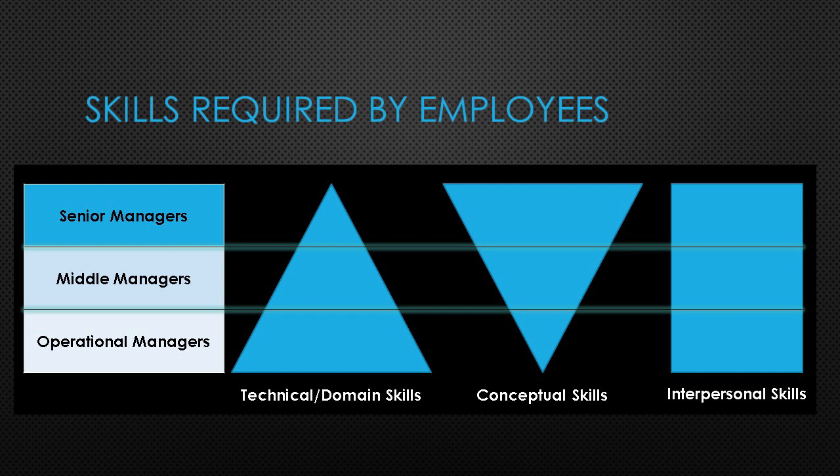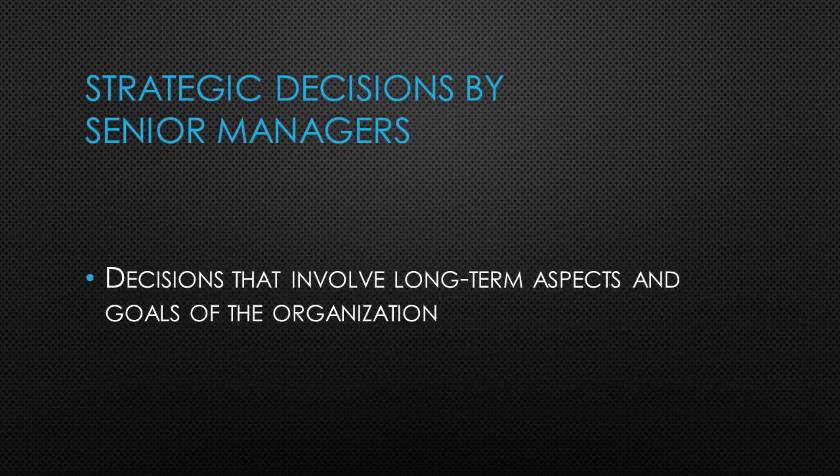Of course, when we go deeper down, we can look at what you mean by conceptual skills and what are the different competencies you must have in terms of conceptual skills, or even technical or domain skills or interpersonal skills. The decisions the senior managers take are called strategic decisions. Why? Because these are the decisions that involve long-term aspects and goals of the organization.